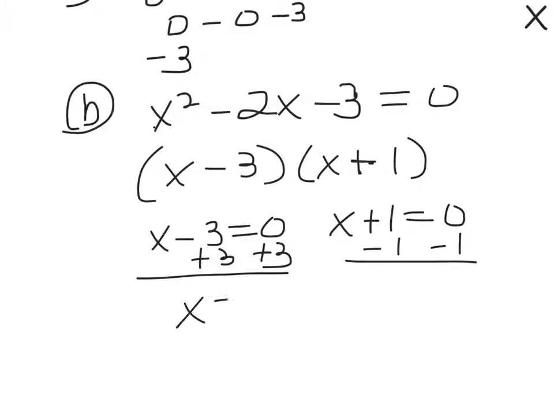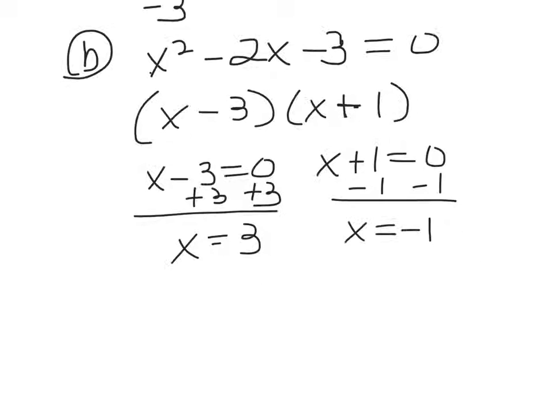So here you would get x equals 3 and x equals negative 1. So however many, whatever the exponent is, that's usually a clue of how many answers you may have. So notice it was an x squared, so I have negative 1 and positive 3. That would be the answer to part B.